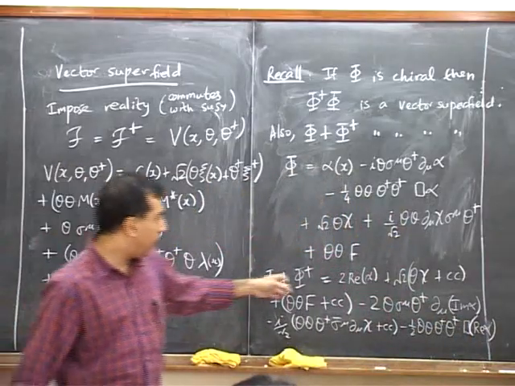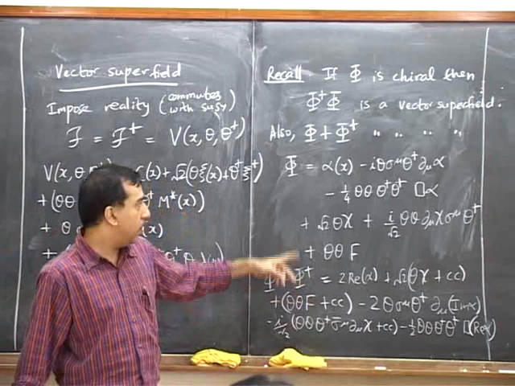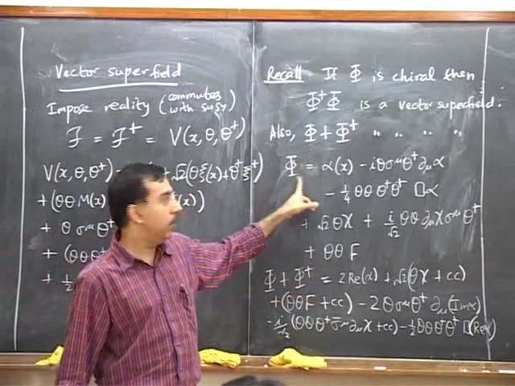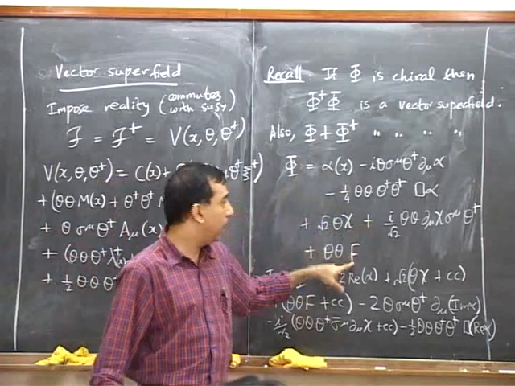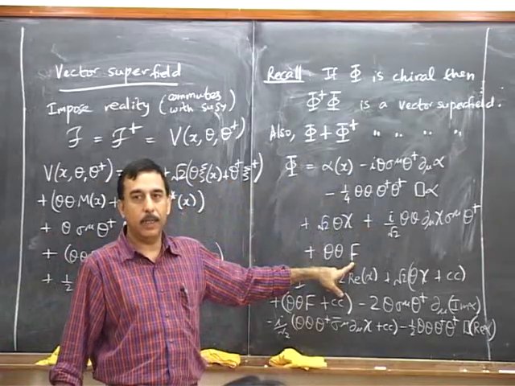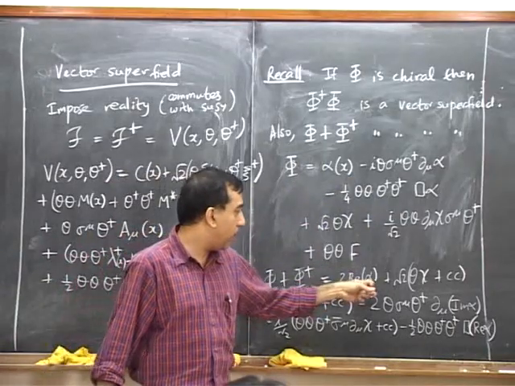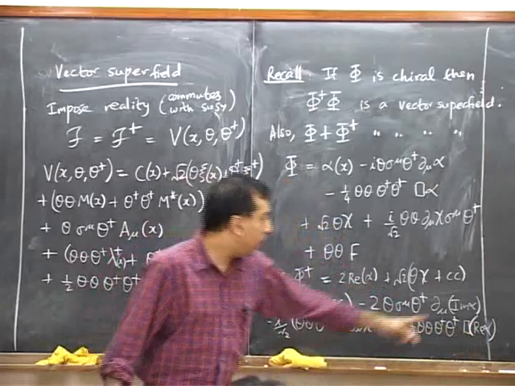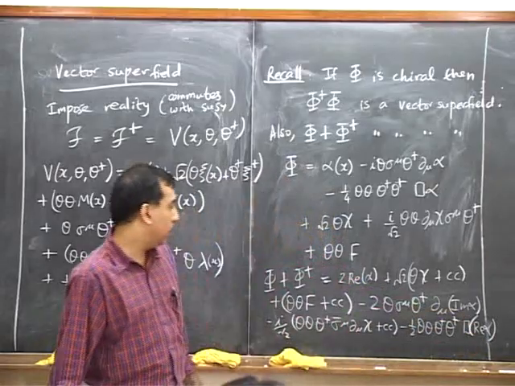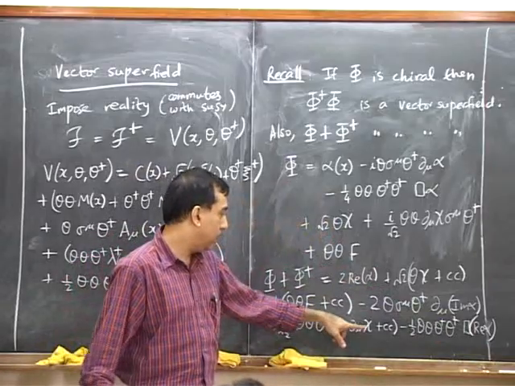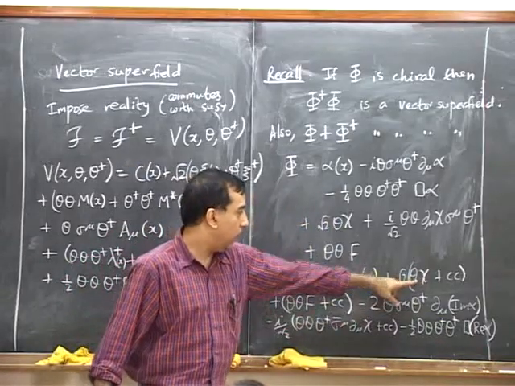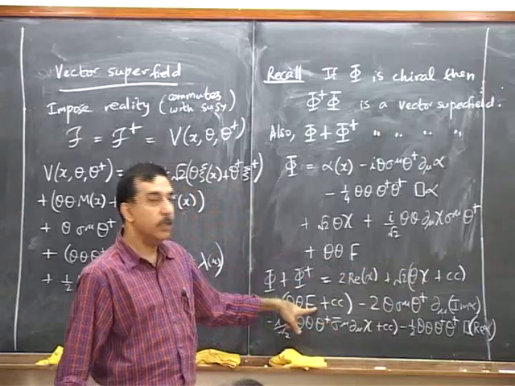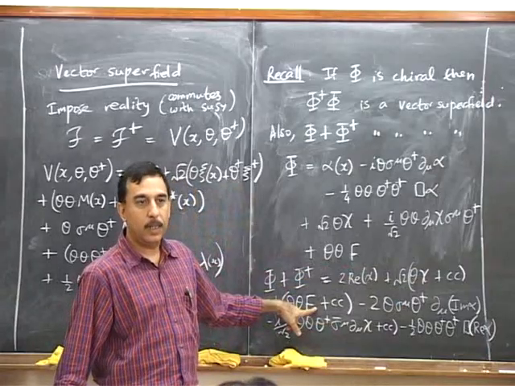So what do we get when we look at phi plus phi dagger? We see that out of the three components in a chiral superfield, alpha, chi and F, the three independent fields contained in there, the real part of alpha occurs at the beginning and end. The imaginary part of alpha occurs somewhere in the middle, and then chi occurs also in first and third order in theta, and F occurs in the middle.